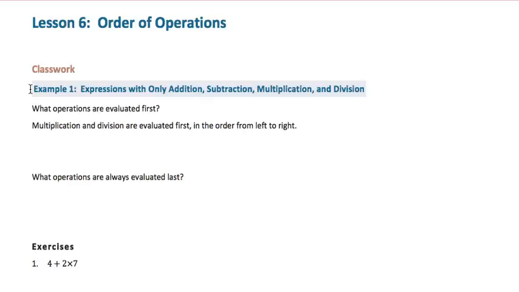This is very important. It is not multiplication and then division. It is multiplication and division at the same time as they appear from left to right. So if division is shown first, you'll do division first. If multiplication is shown first from left to right, you'll do multiplication first.